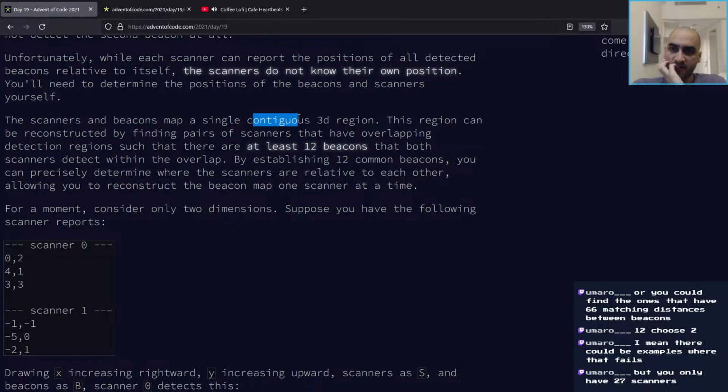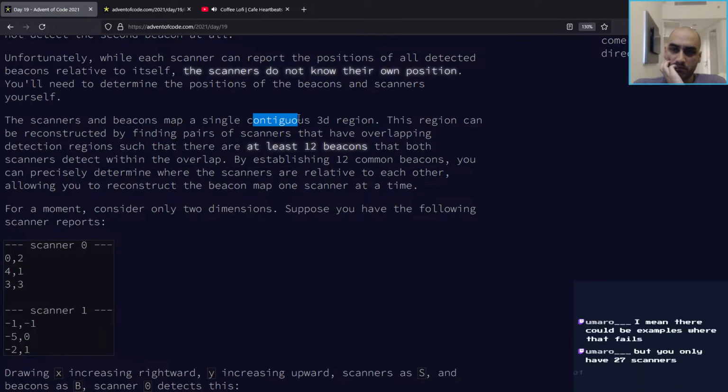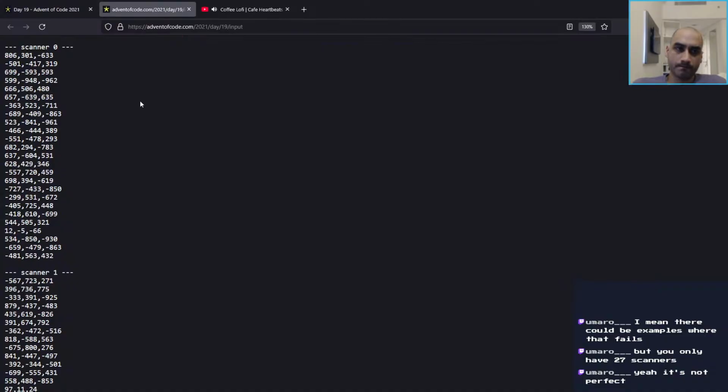Like, in the most extreme example, if we're assuming they have to be contiguous... Yeah, I mean, it's possible for these regions to be contiguous, but no beacons overlapping whatsoever. That's also possible.